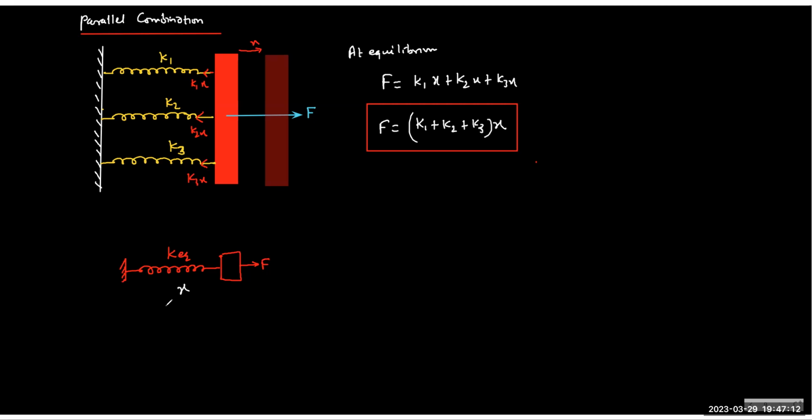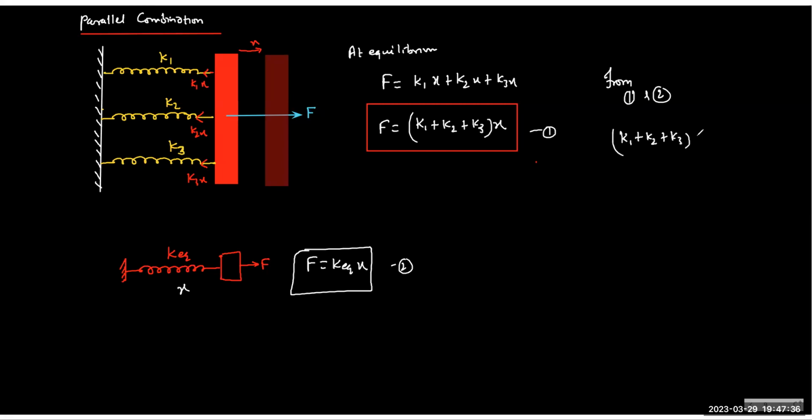Now, again, if you remember this diagram and this context, you can clearly say that F is simply this, and because both are equivalent measurements, we can compare or equate. And so from 1 and 2, we can say K1 plus K2 plus K3.